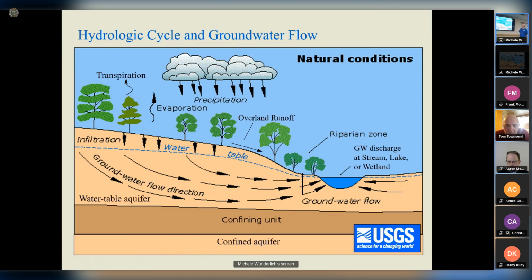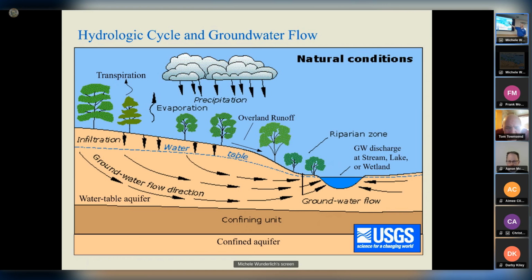The part of the system that I'm most interested in is that water that gets down through the soil zone and replenishes aquifers in the subsurface. This diagram shows an idealized system. Let's just say that it's all sand in this upper area that's labeled as water table aquifer.